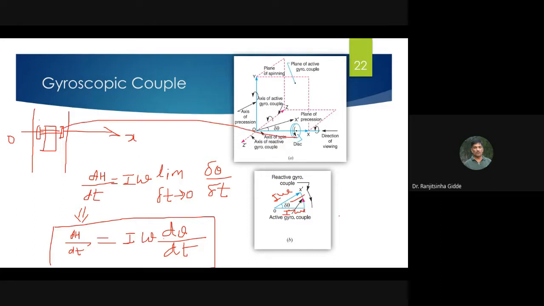Now suppose the vehicle is turned in this direction. So it has a new axis of spin, and this one is delta theta, right? And this is OX prime.